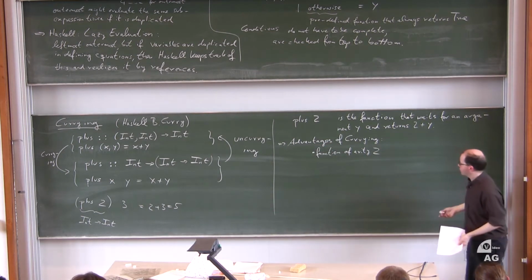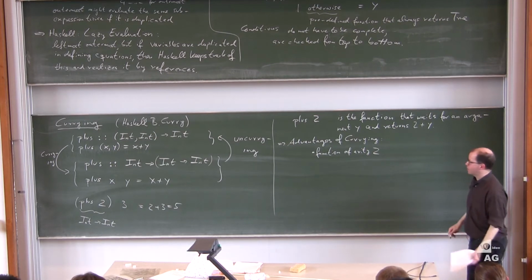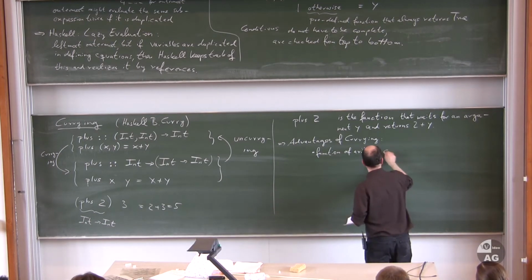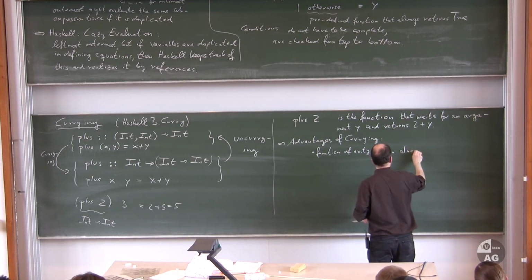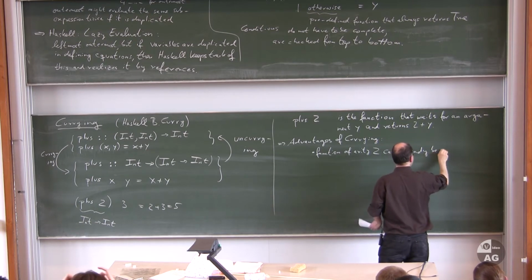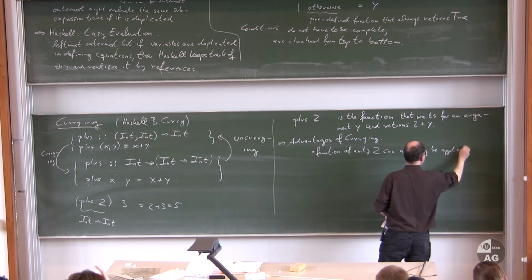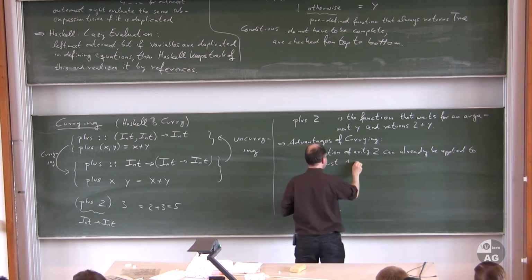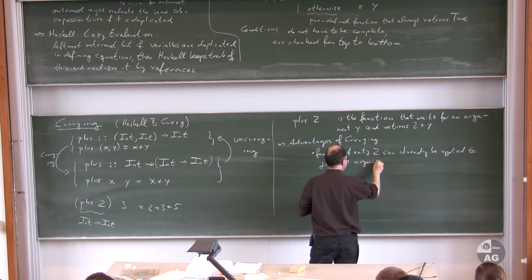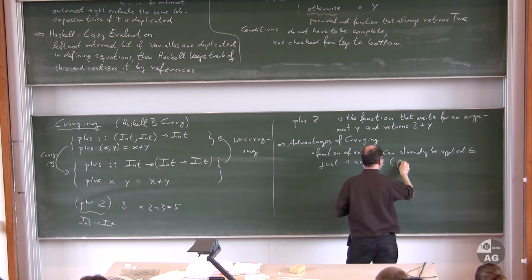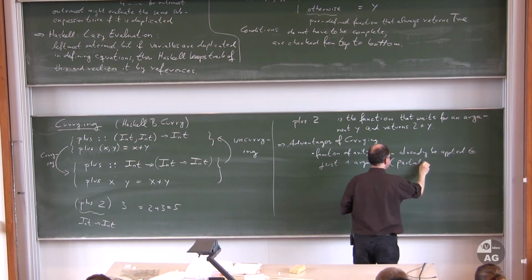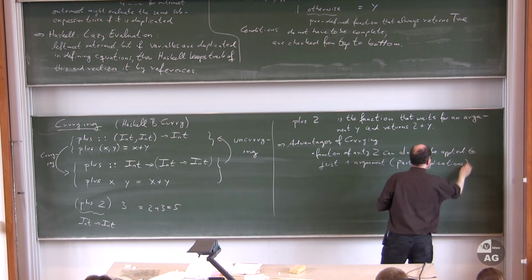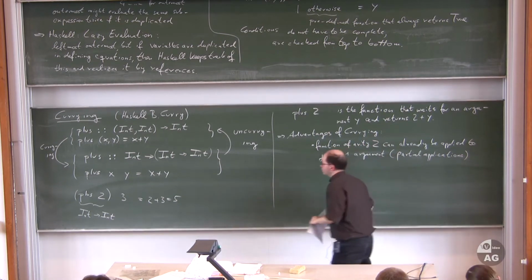And of course, in general, a function of arity n can be applied to m arguments if m is less or equal to n. So we have these partial applications.